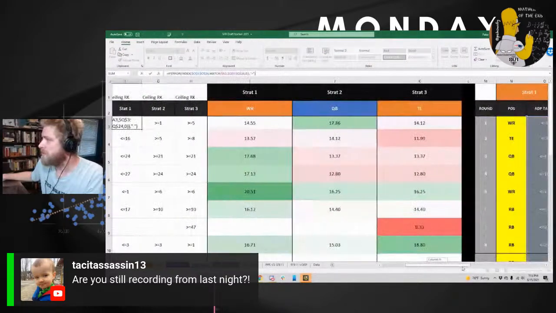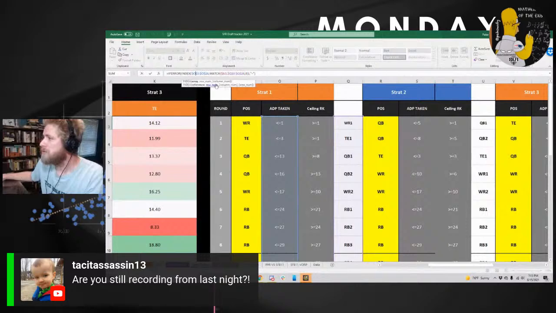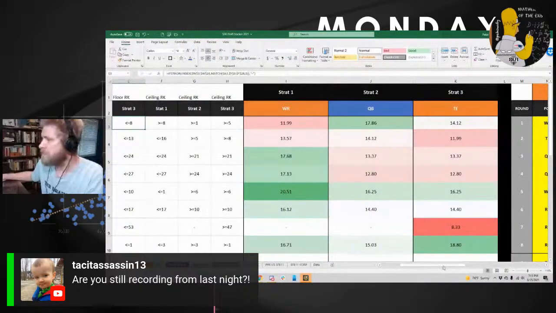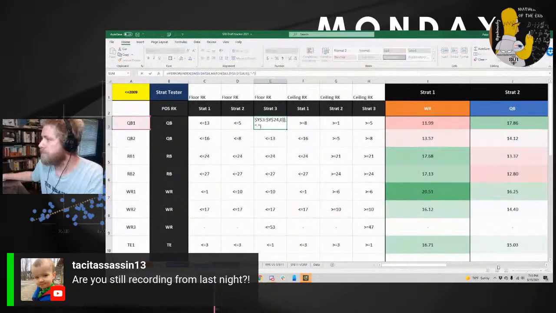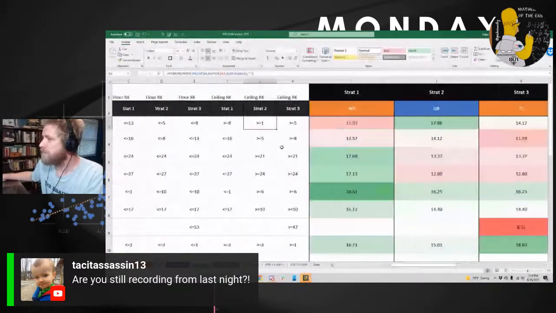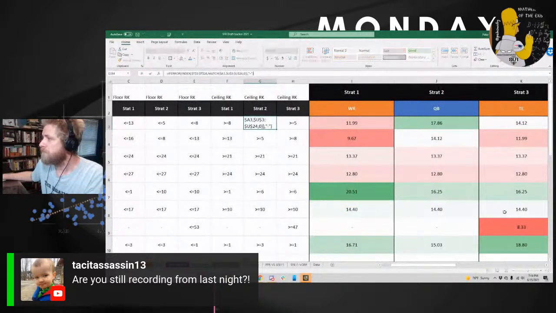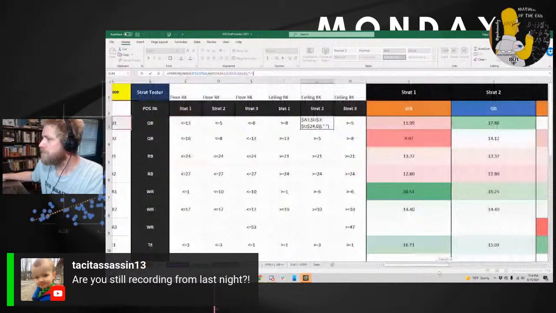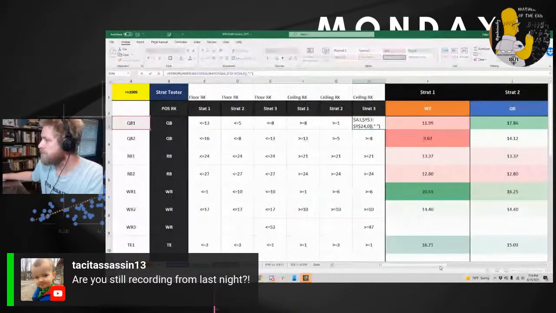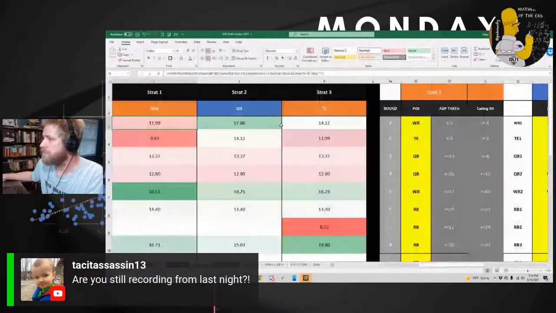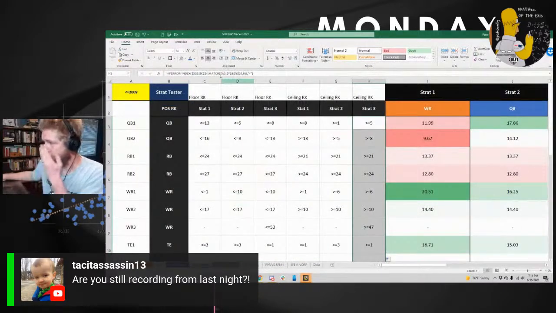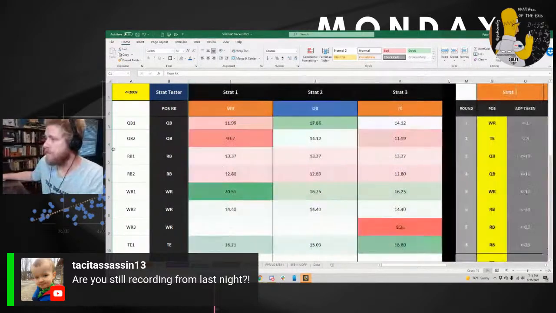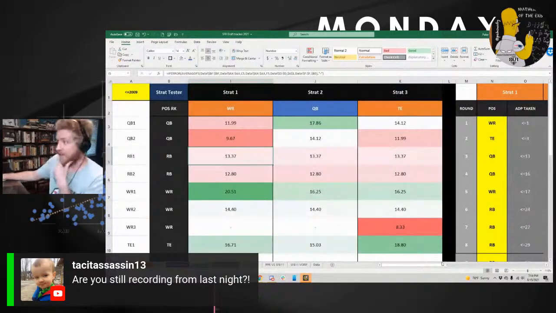Stat 3 ceiling. There we go. Broken. All right, yeah, tight end gets the edge.